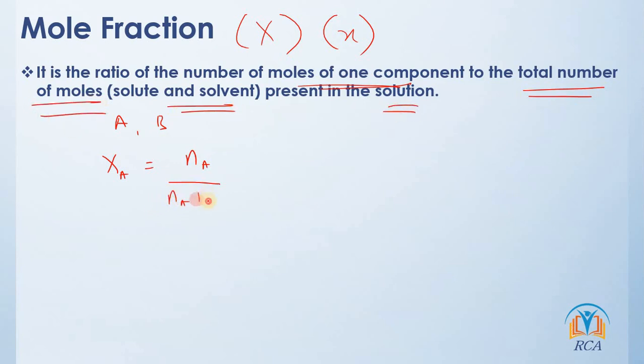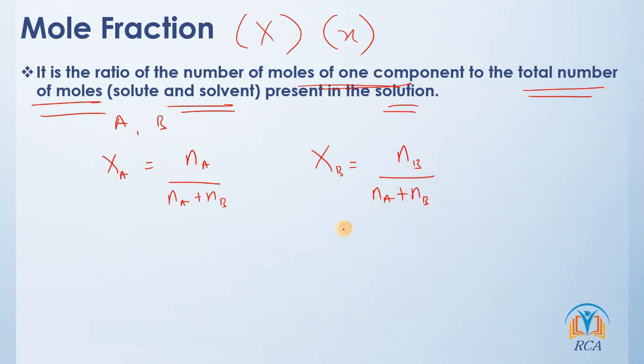So it has to be Na upon Na plus Nb. Similarly, for the mole fraction of the second component B, the number of moles of B with respect to the total number of moles present in the solution: Na upon Na plus Nb or Nb upon Na plus Nb.